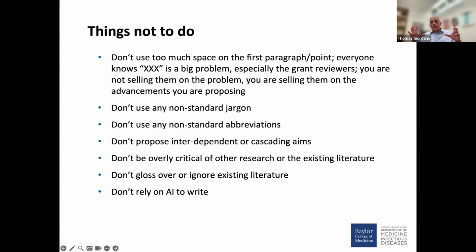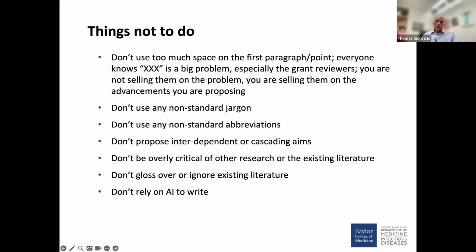Don't use too much space trying to convince people that X is a big problem. The reviewers are going to be generally in your field. They may not be exactly in the subfield that you're in, but if you're proposing an HIV grant, everyone in the review panel is going to have some expertise in HIV. They're all going to know HIV is a big problem.